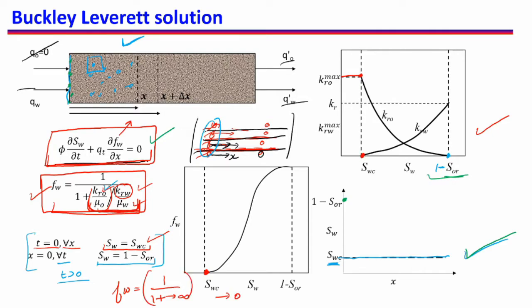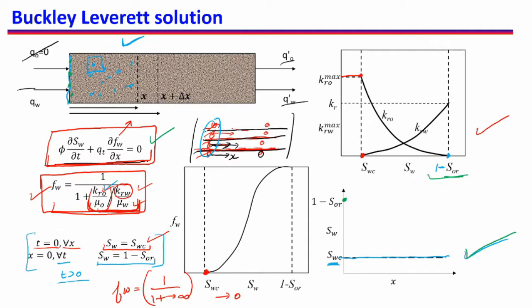That is why we have Fw equal to 0. And physically also we can say that when in the whole reservoir we have saturation SWC, water is sporadic and disconnected, so at that point water will not be flowing in the reservoir.